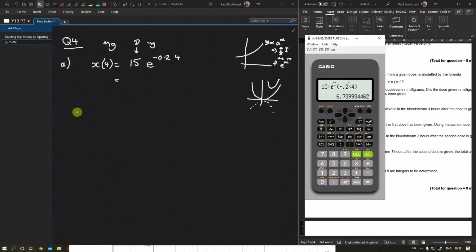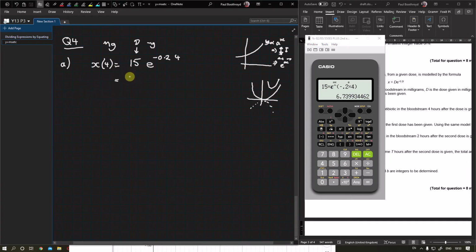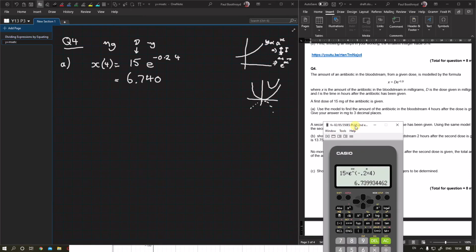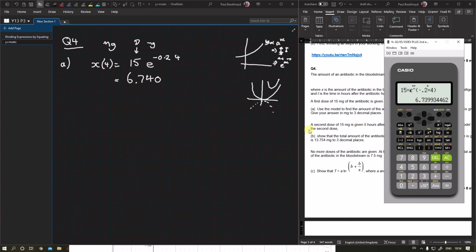And we get an answer, 6.7379. To 3 decimal places that gives me 6.738, the accuracy they wanted. Answer given to 3 decimal places as requested.